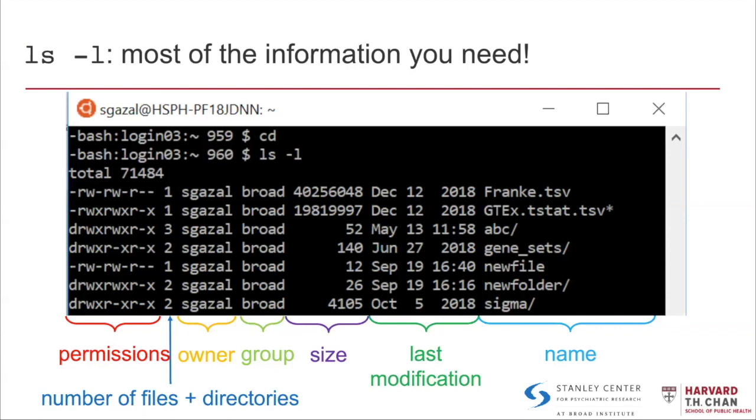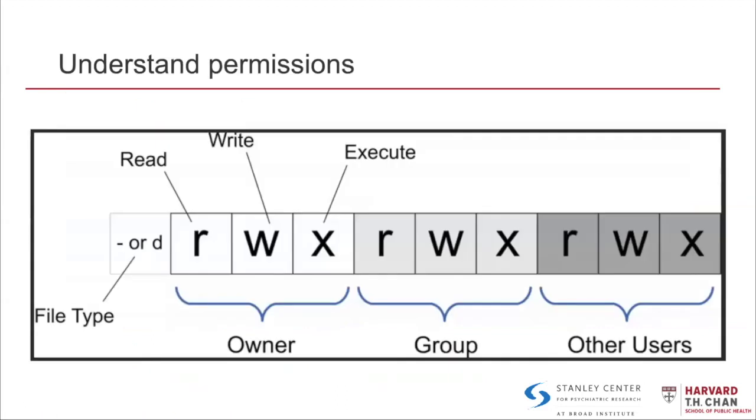Now let's try to understand what all these 10 letters mean and what they tell about permissions on the file or directory. As I said, there are 10 different letters in this block.